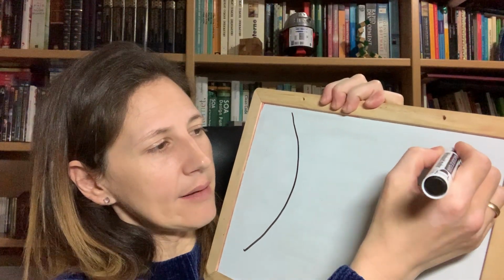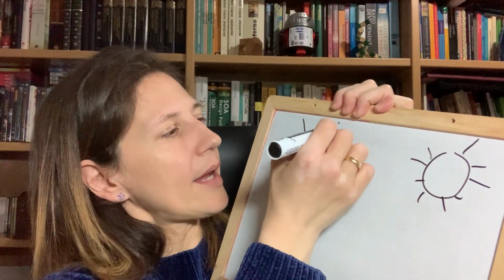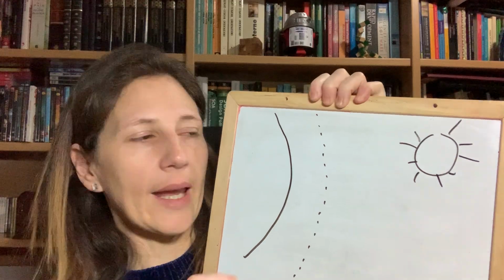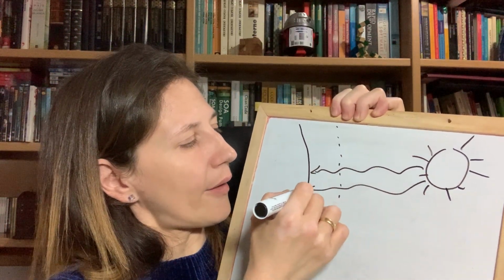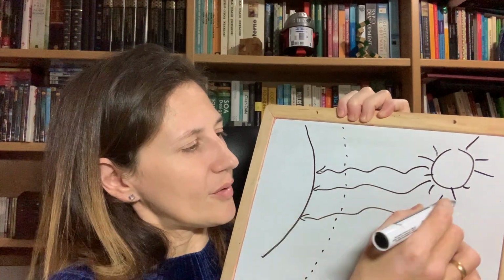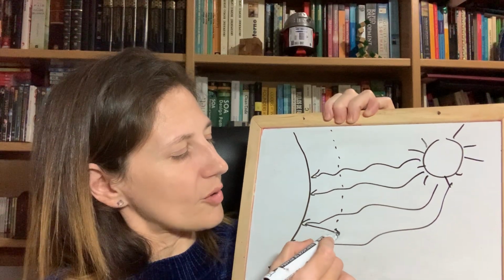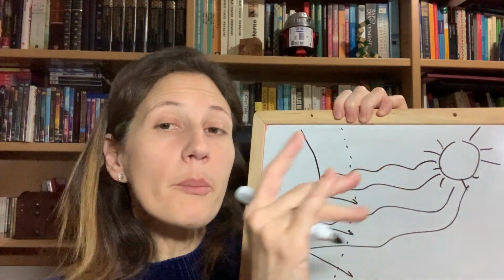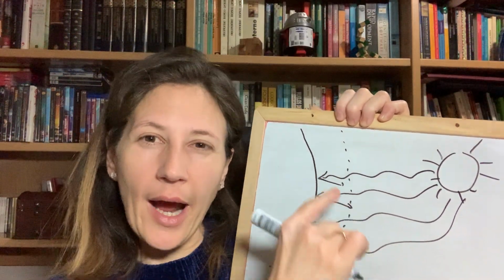This is the sun. And this is the atmosphere. The sun rays get to the earth, and these rays reboot and go out. But part of them go back to the space, but some of them stay in the earth, in the atmosphere.